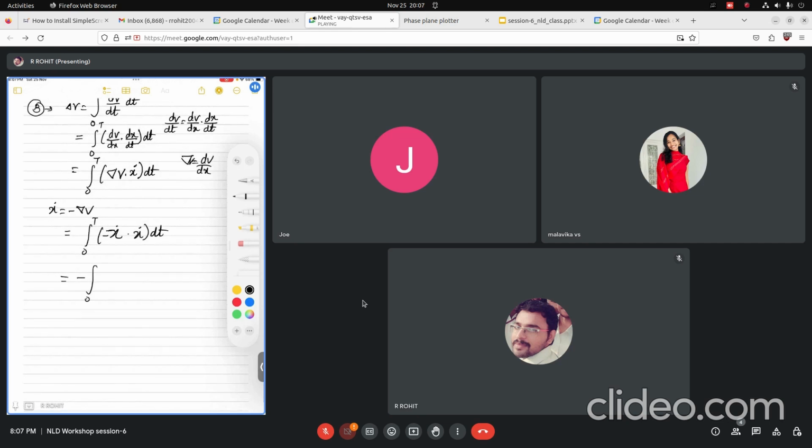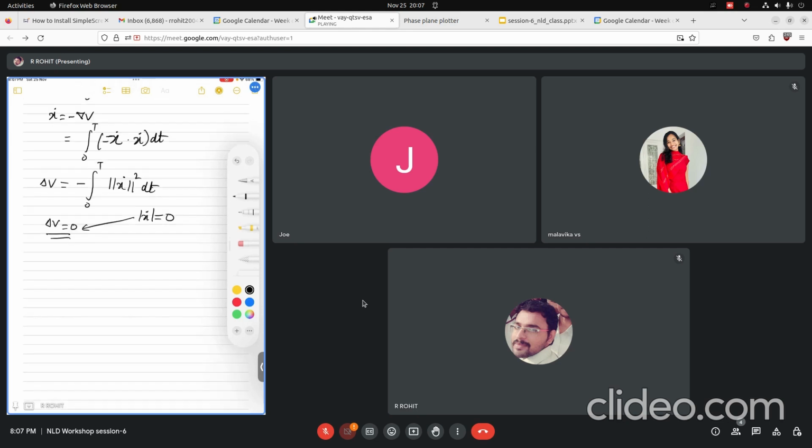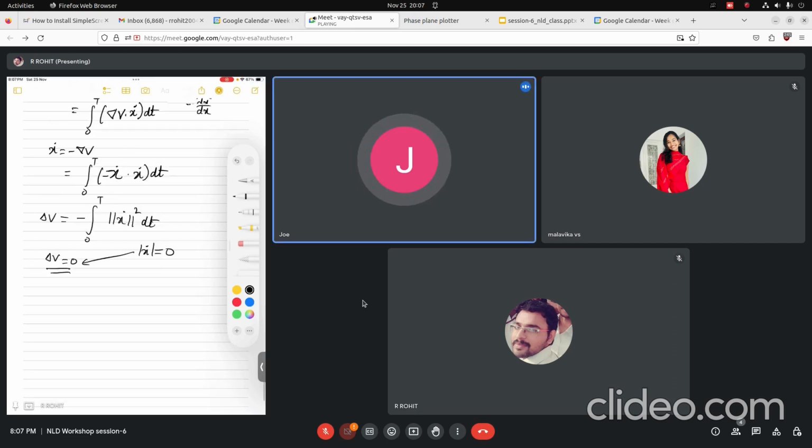This is nothing but minus the integral of the norm of x dot squared dt. So this tells us that only if x dot is equal to 0 will del v become 0. Is that clear? So x dot, if it is 0, then only your del v will be 0.